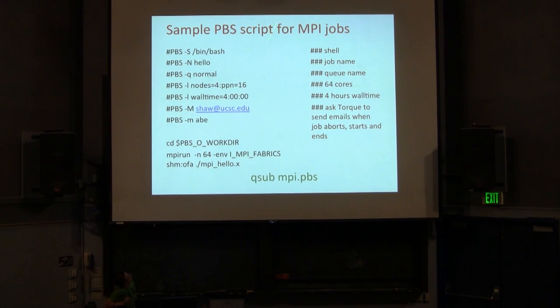If you want to run a 64 core job and you do something like nodes equals 64, ppn equals 1, then possibly your job will actually be spread to 64 physical nodes.